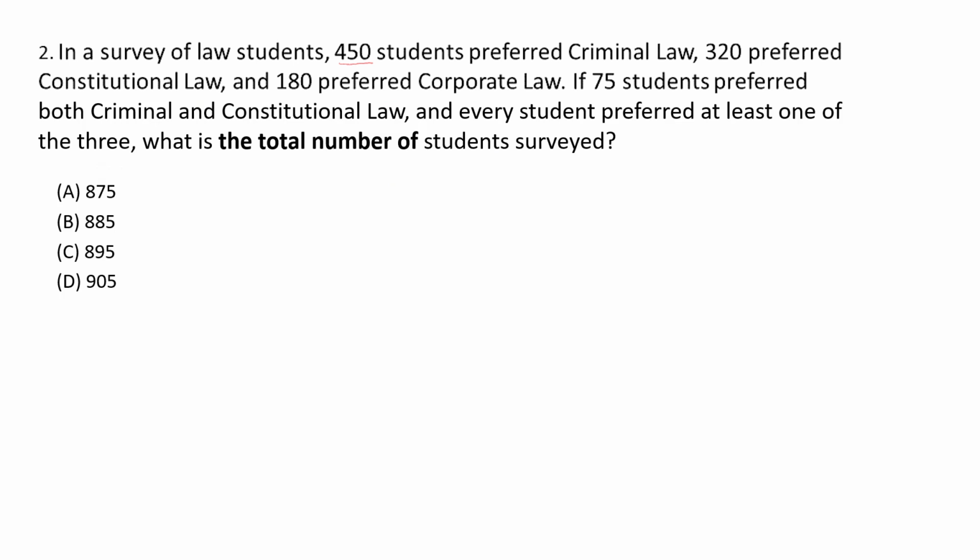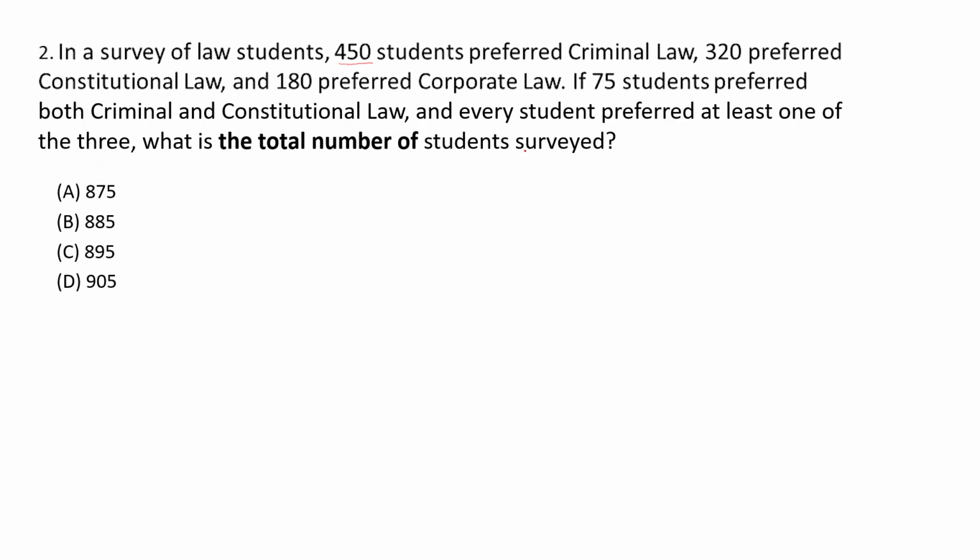If 75 students preferred both criminal and constitutional law, and every student preferred at least one of the three, what is the total number of students surveyed? So see, you have to figure out how many students we have surveyed.